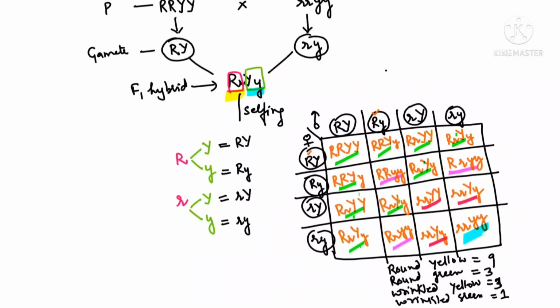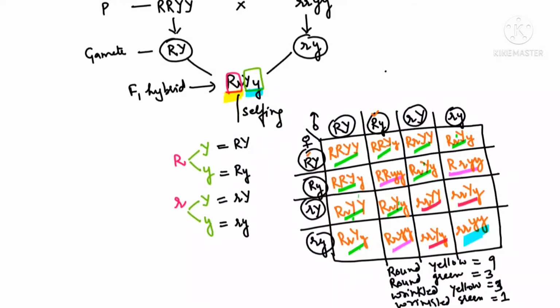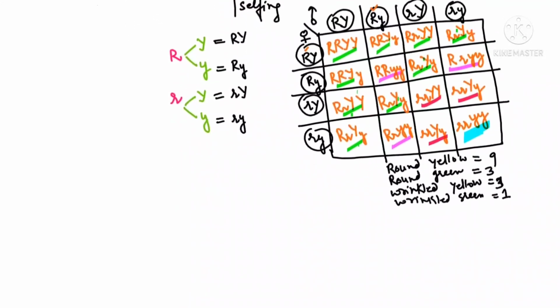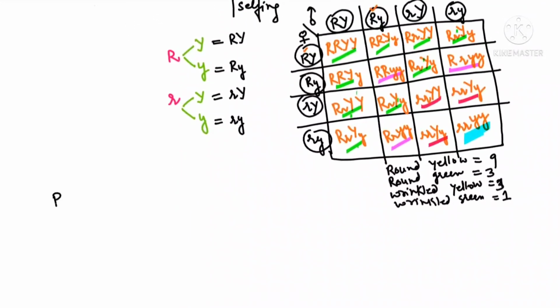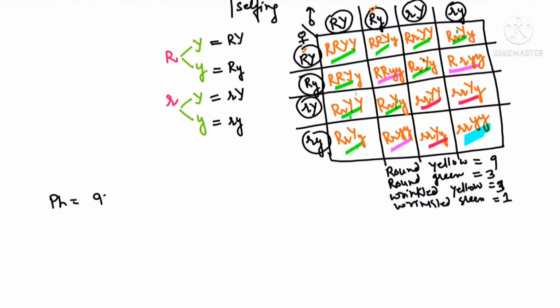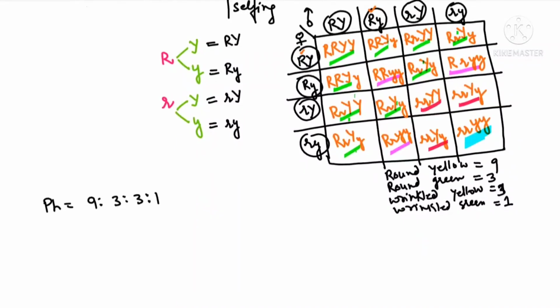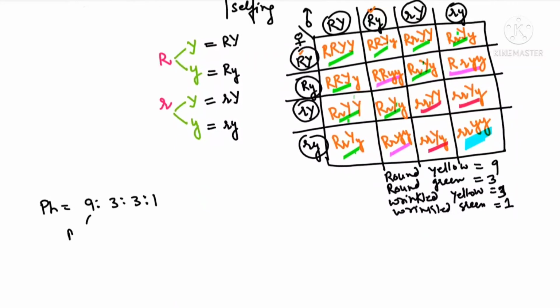One only. So now see carefully, beta. If you see the phenotype ratio of dihybrid cross, you are getting 9:3:3:1. 9 is what? 9 is round yellow.